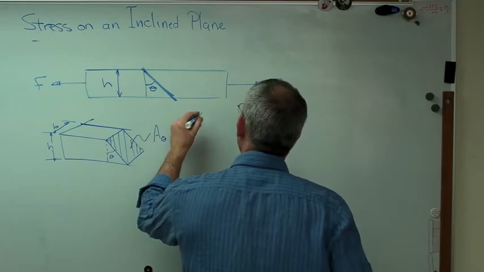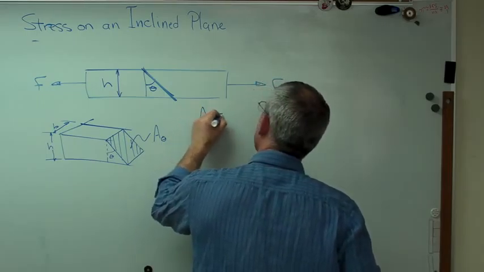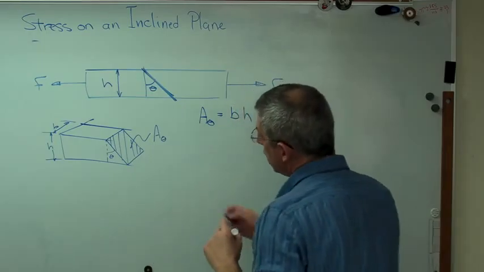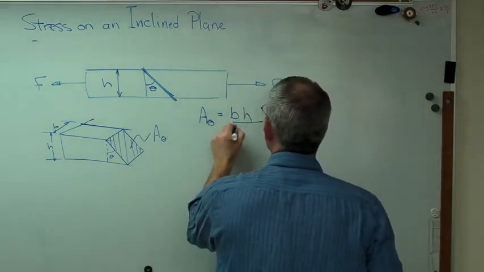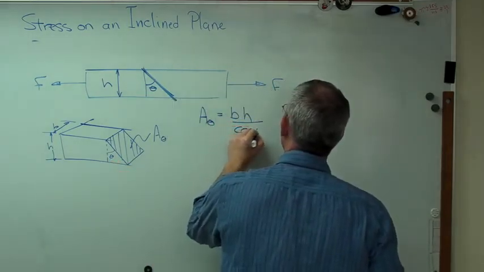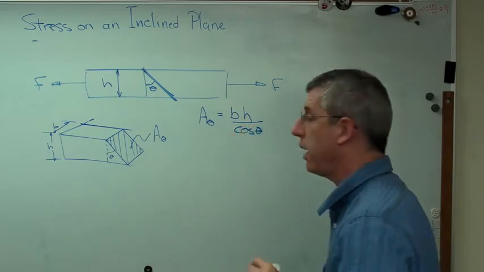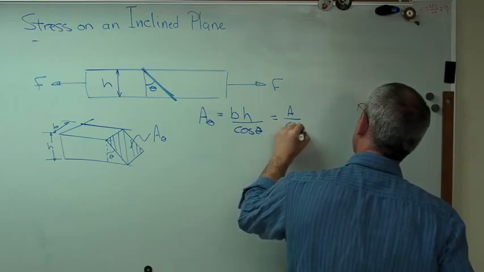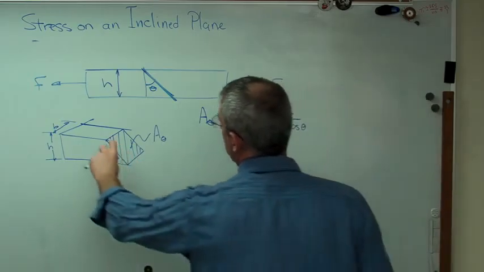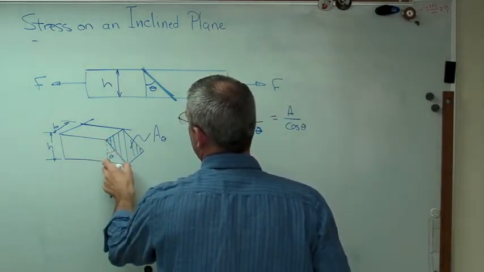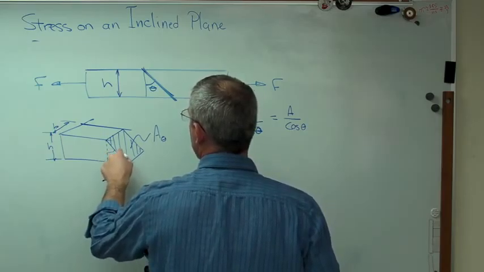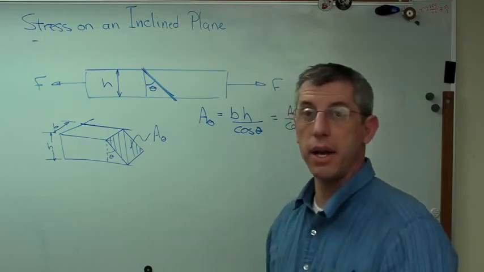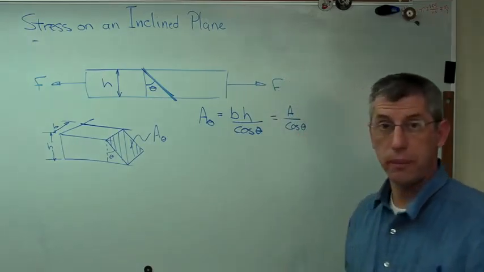So A theta is going to be B, which doesn't change, H, which doesn't change, but the modifier, that's actually H over cosine theta. Or A over cosine theta. Because if that's H, and that's a 90-degree angle, cosine theta is that line divided by that line, and we get that being true.